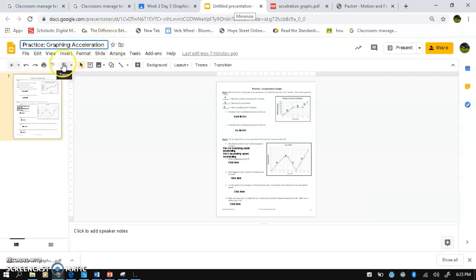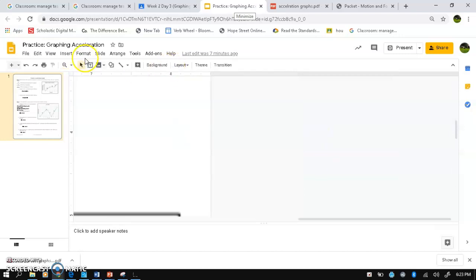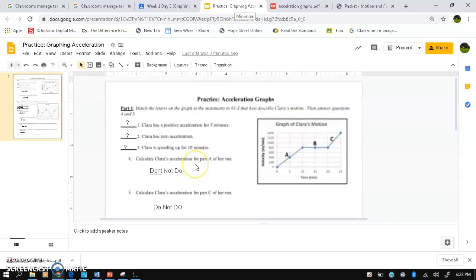I'm going to go ahead and blow this up because it's really too hard for me to see. You can do 1 through 3. Now, 1 through 3 is you're going to say, first and foremost, Miss Kaufman, we've done this worksheet before.